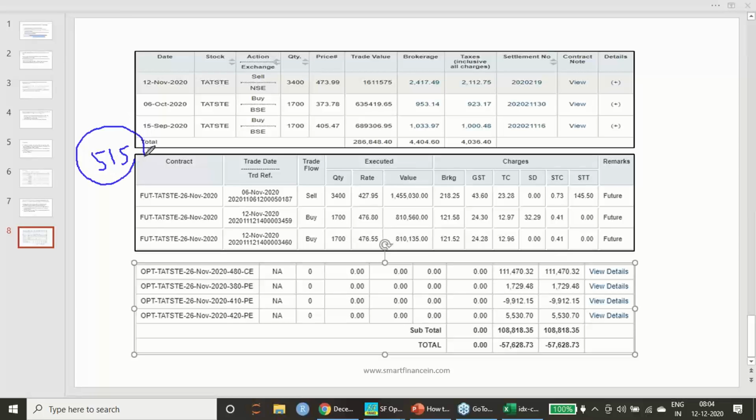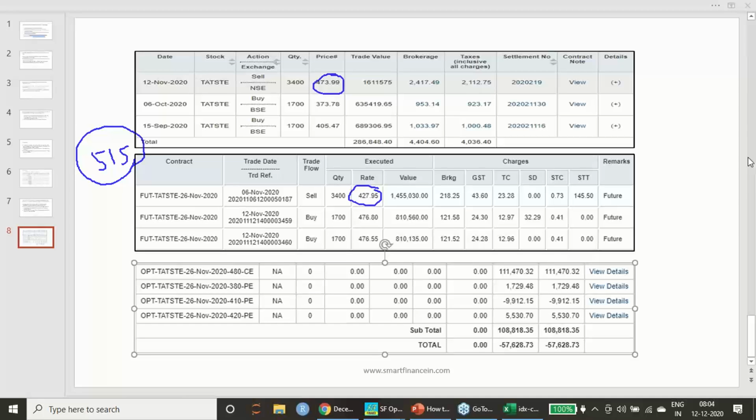Once it has given a breakout above 515, the same process is repeated. Stock is entered, future is sold, along with that calls are bought, and some amount of puts and other things. If I want, I can sell it off. By looking at technical levels or open interest, you sell it off.